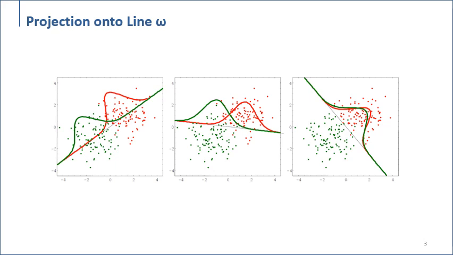So our goal is finding the one-dimensional line onto which we can project these data. Let's say in this case we have two classes, and if we have a projecting line like this, then the original green and red data will be projected like this.